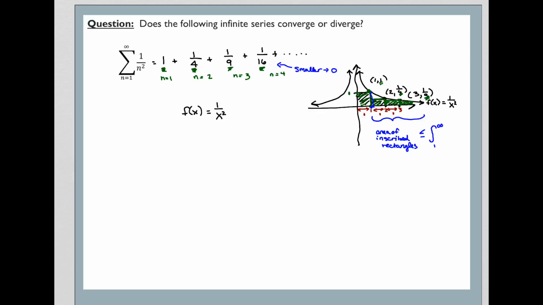You agree with me, that's less than or equal to the area under the curve. And how do we represent area under the curve? We use an integral, right? The integral represents the whole area under the curve. So those green inscribed rectangles have to be less than or equal to that from 1 to infinity. And that then lets me make even a broader claim.